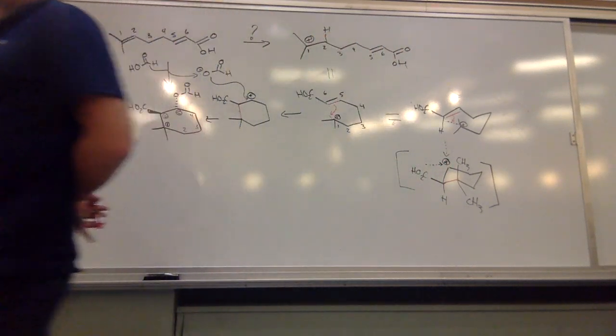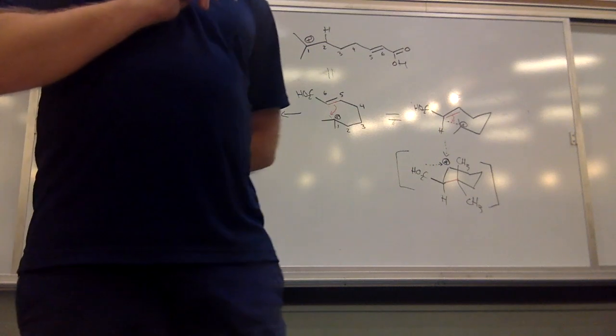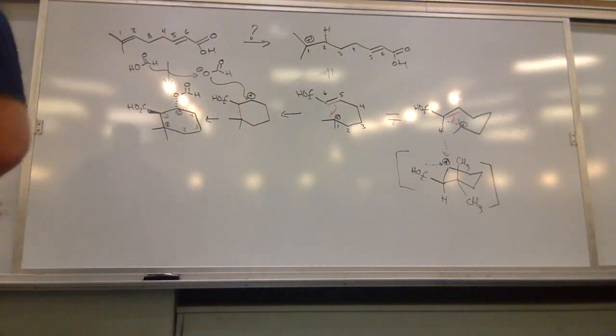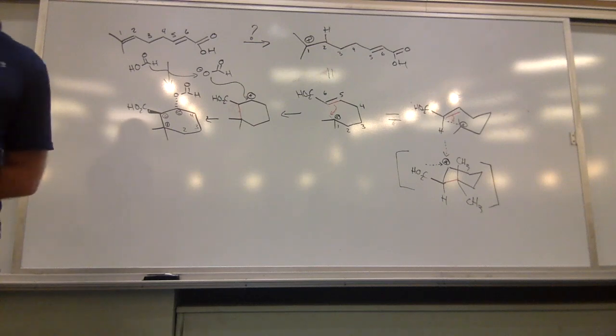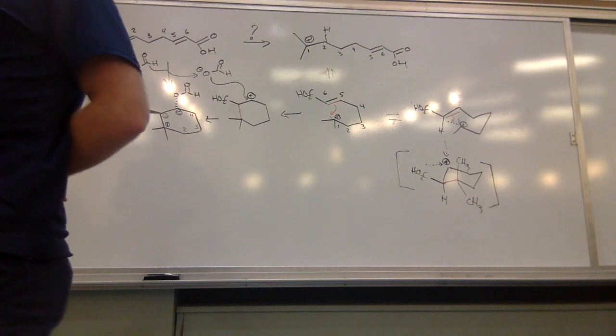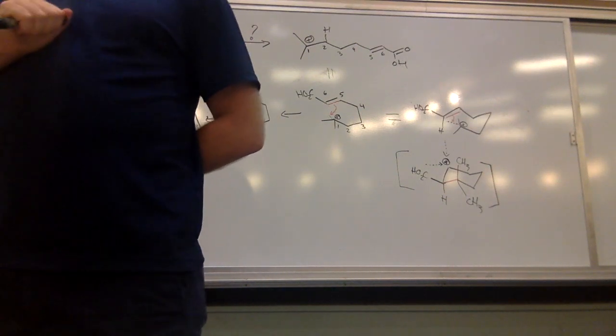Yeah, so maybe you're talking about, I don't know that you've heard of, syn-pentane interactions. Maybe you're talking about 1,3-diaxial. That's the term that would have come up more likely.